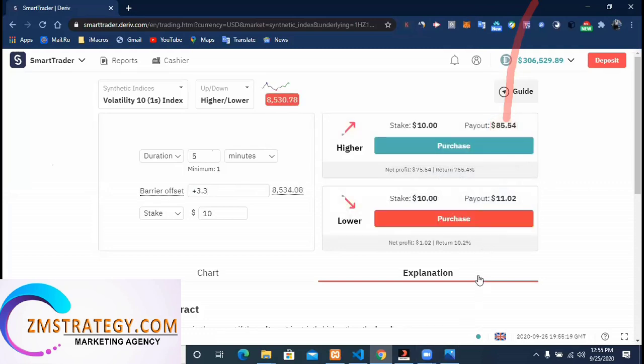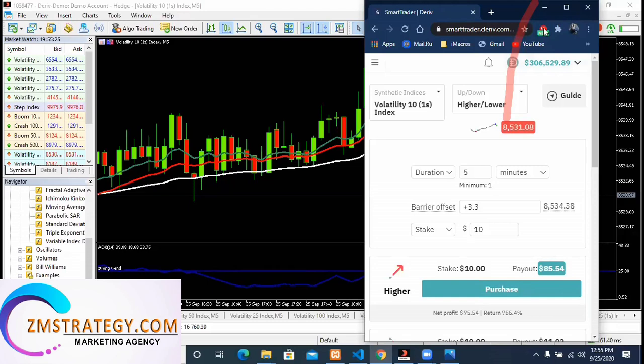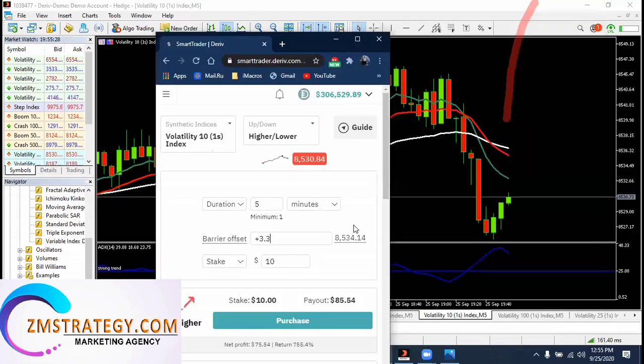Okay, this is 10.2%. After I've done all my settings, I can just minimize my browser and wait to see if a pullback will occur.